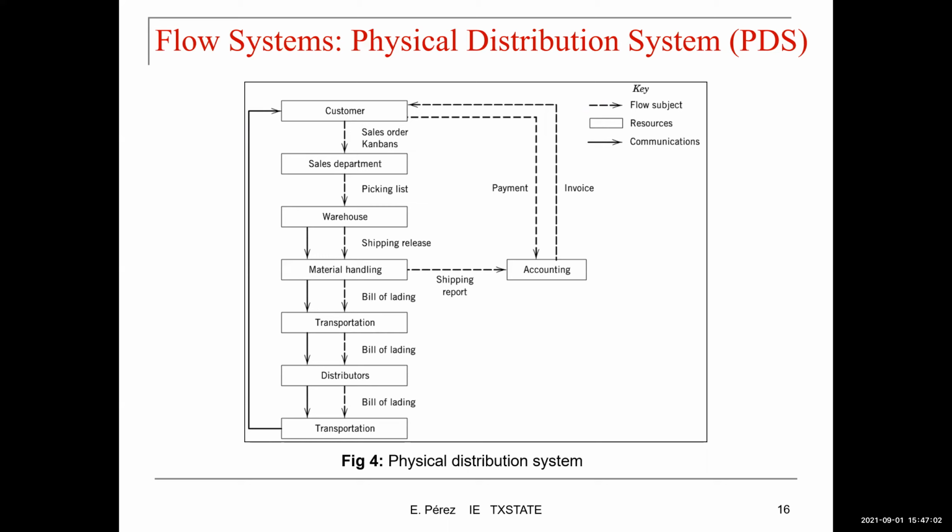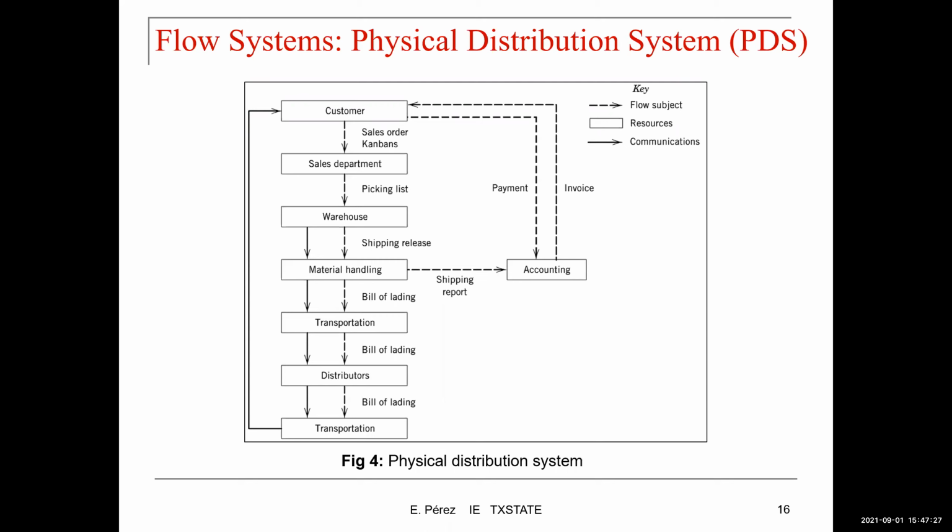If it is available, we move the supplies. We send information in terms of the invoice for the customer. We're gonna complete that order based on what you requested. Once the payment is completed, we transport that product to the distributors for transportation to the customer.